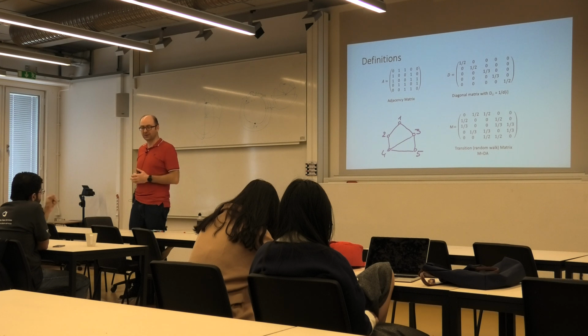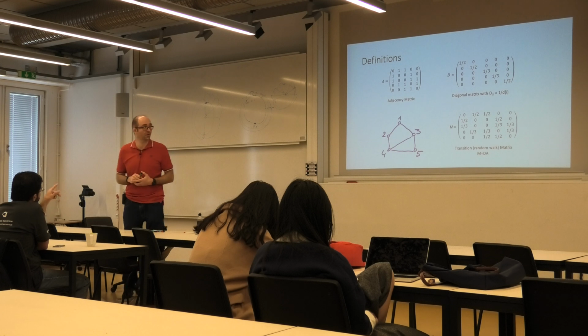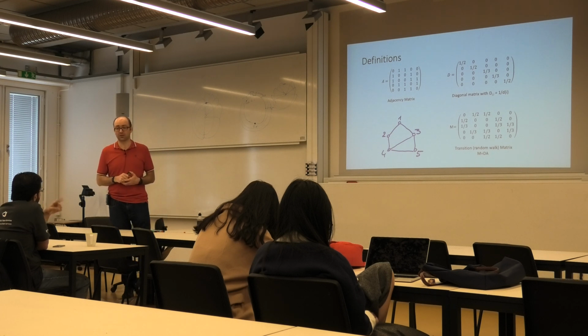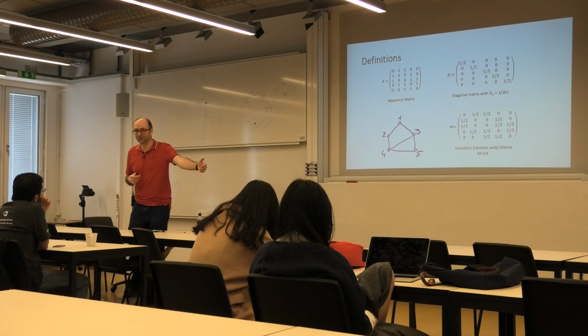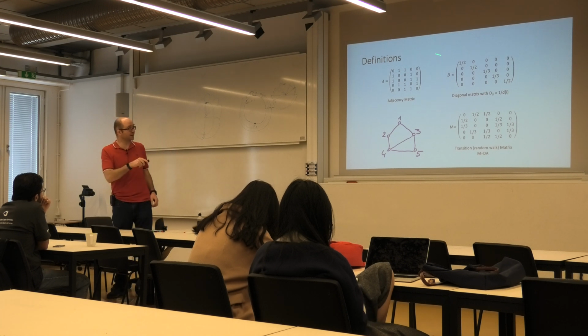Yes? In that directed case, will you need 2 diagonal matrices, because we have a different probability to move to a different node? No, you will always need one diagonal matrix. The diagonal matrix just says I need to normalize, so that when I multiply by my links, I know what weight to give the random walker's probability to go. So you always need a diagonal matrix.